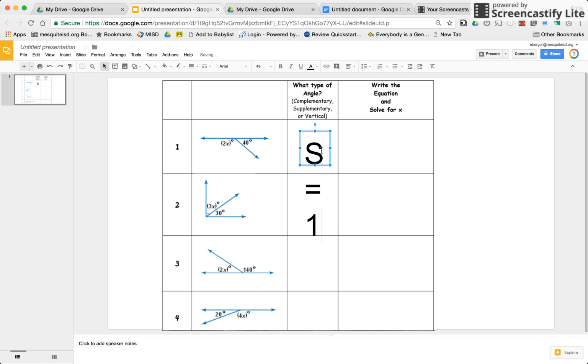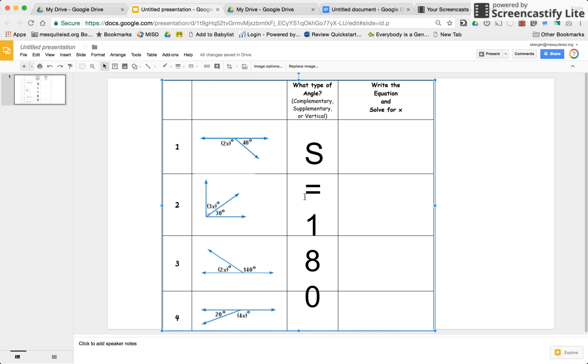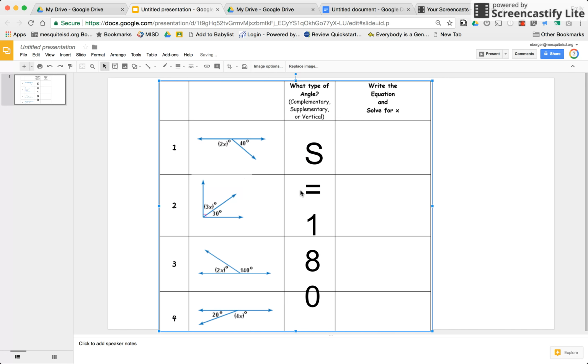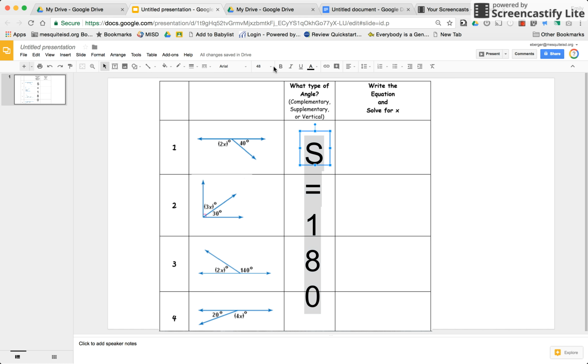It means 180 degrees. So supplementary angles are two angles that equal 180 degrees, and that's what you're going to write as well.